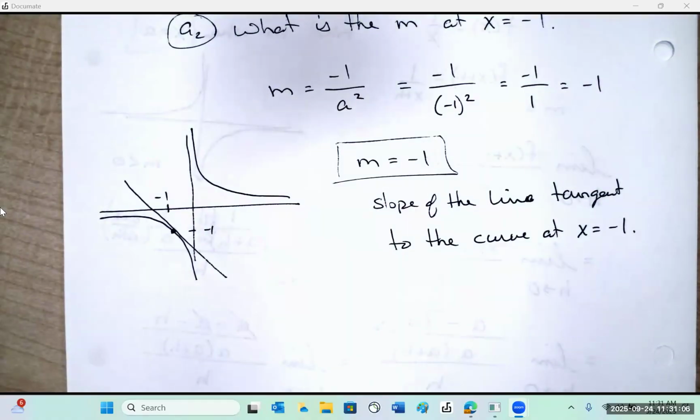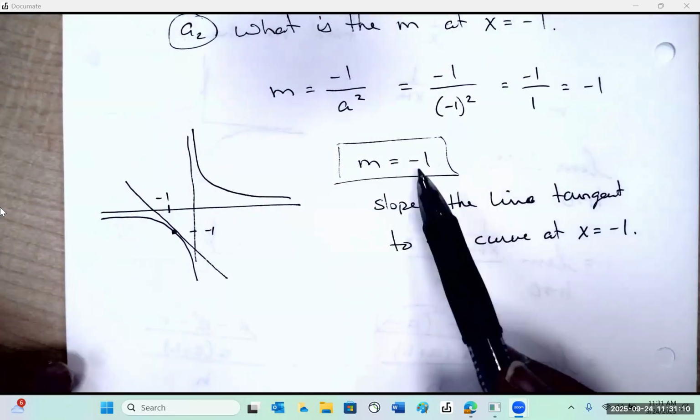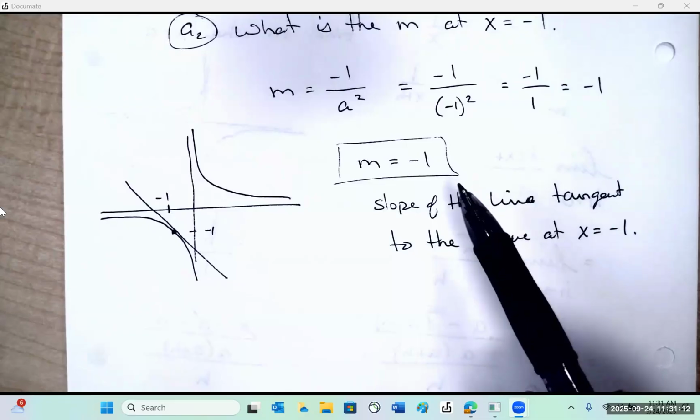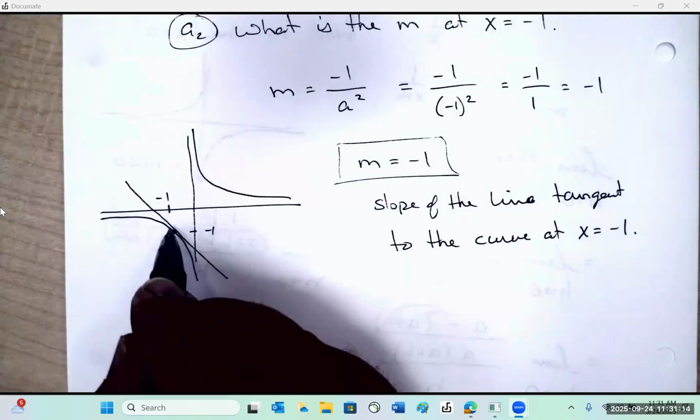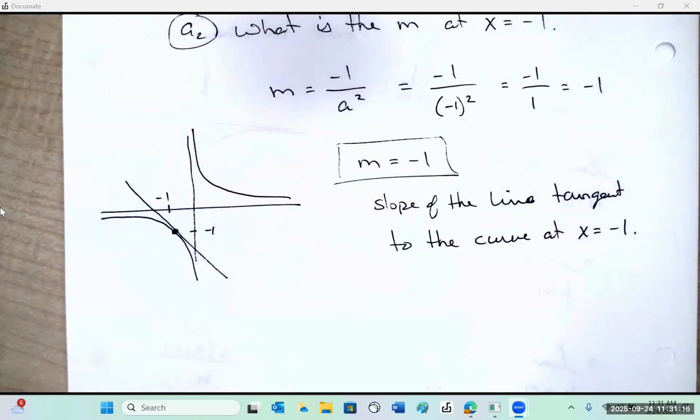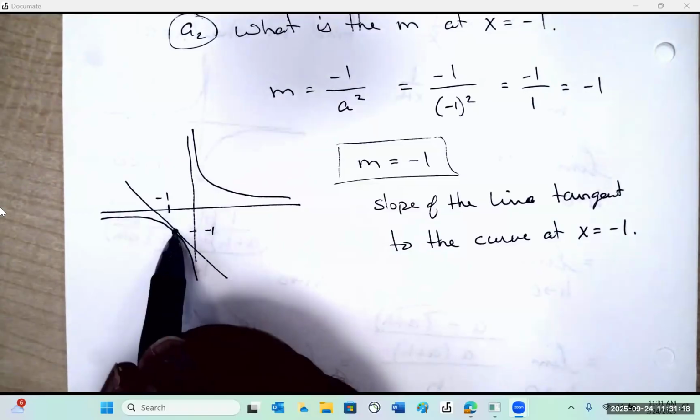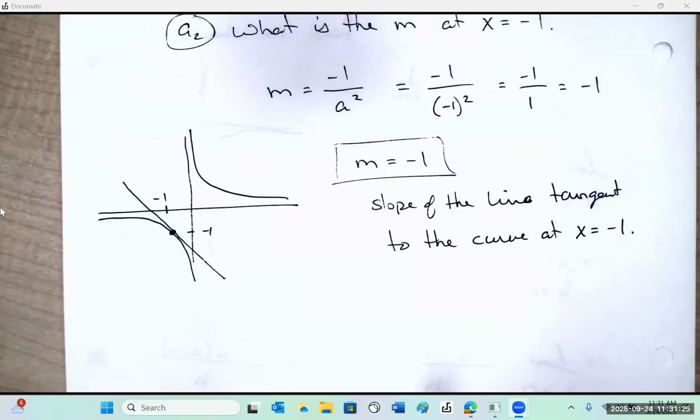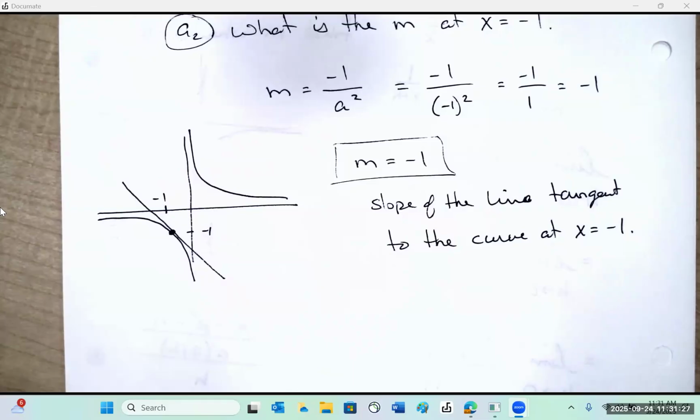But you're right. And what that really means, because remember, when we found the slope, we're finding the line tangent. Slope of the line tangent. So what that relates back to the function is at that point, the slope of the function at that point is -1. So it's negative, down 1 over 1.